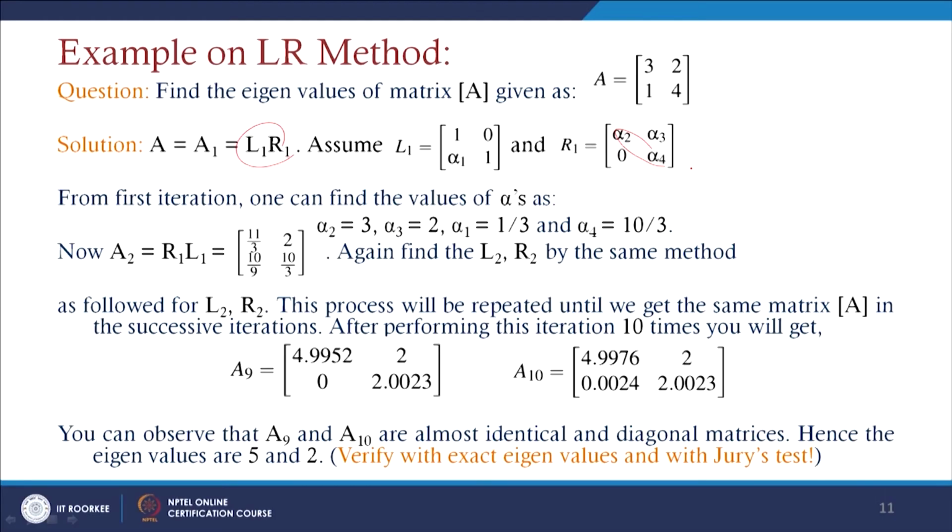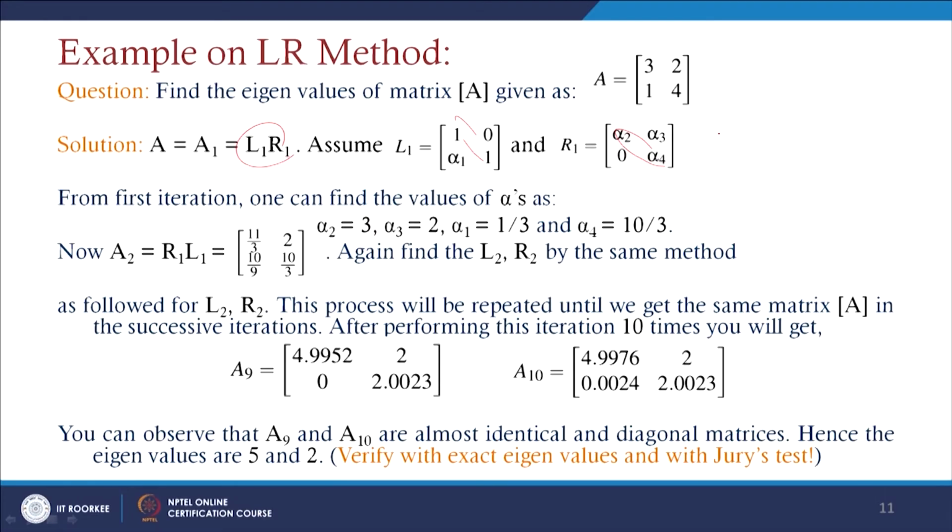To equate the number of variables with the number of unknowns, we consider the diagonal entries as 1, since otherwise we would have 2n plus 2 unknowns if we do not set the diagonal entries of either L1 or R1 to 1. So, from the first iteration we compare all the coefficients, that is the product of L1 and R1 with this matrix A here.